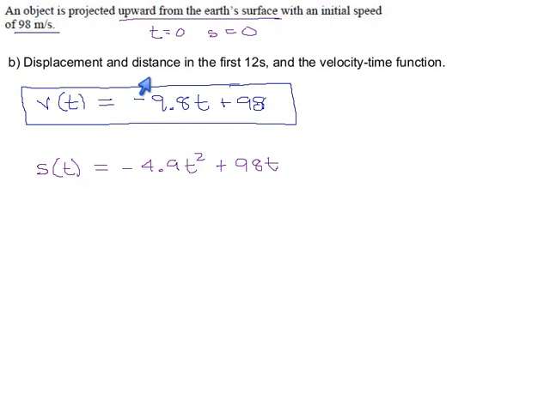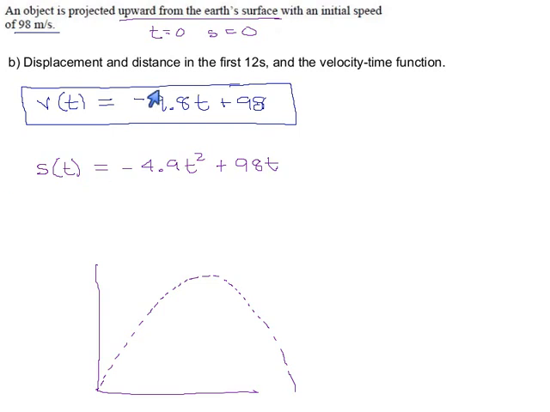And they want to know how far this thing went in the first 12 seconds. You can see s of t is a parabola. It opens down, and our object's going to rise fast, rise slower. We saw that it would top out and then start falling back down, and eventually it'll go thud and hit the ground again.